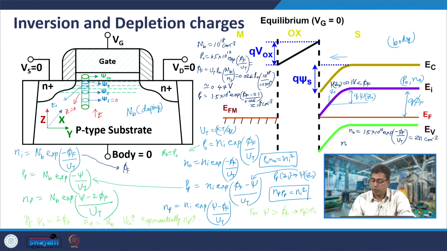But what is the electron concentration in the depletion region for Z1, for chi equal to 0.1 volts?